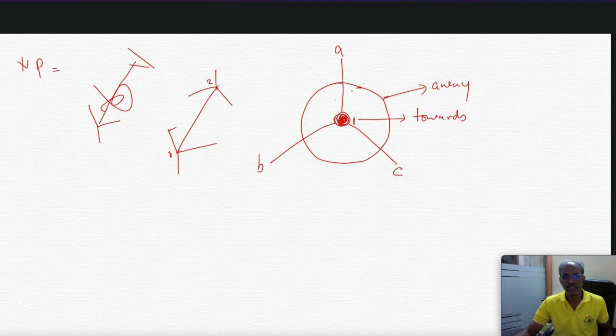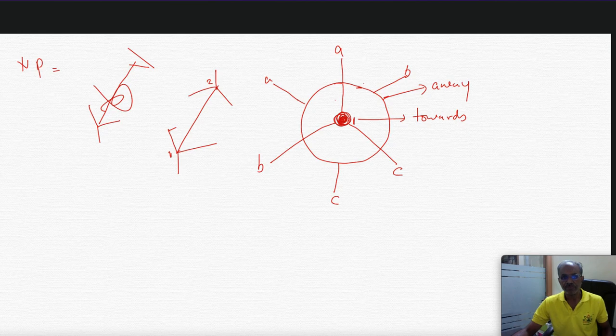If it is away, then it is shown like a big circle, and if it is towards, then it is shown like a small point. Then it is shown with 3 bonds like that. So this is the 1st bond, this will be the 2nd bond, and this will be the 3rd bond. I will say this is A, this is B, and this is C. Right?